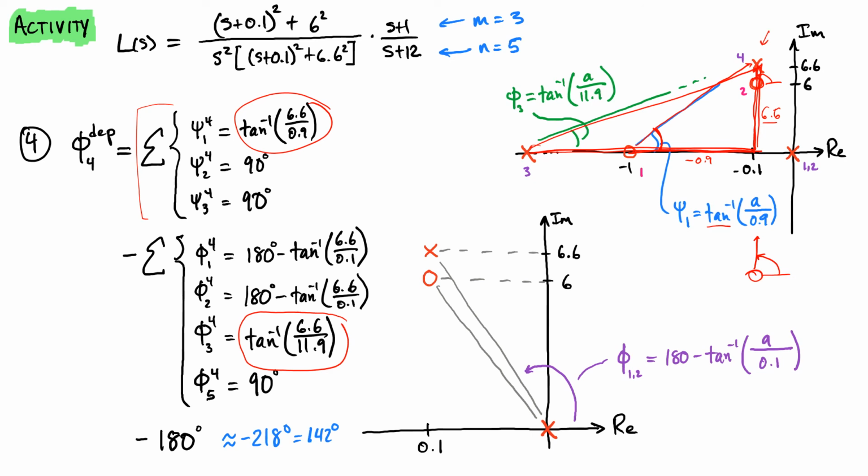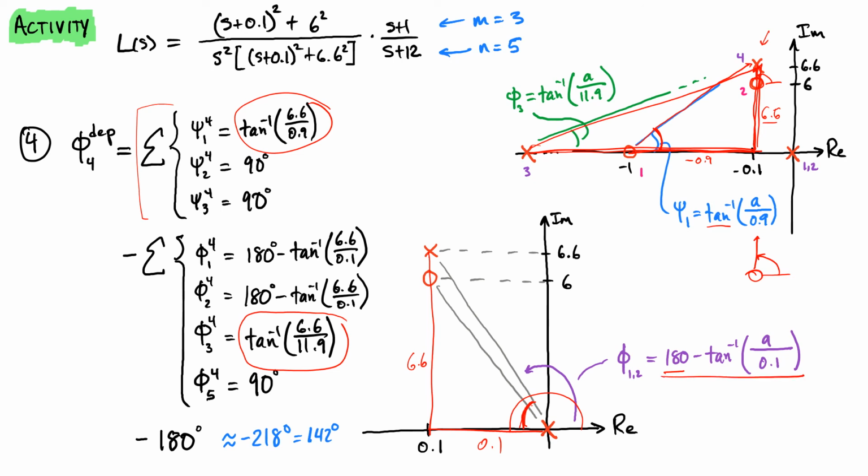We can then look at the poles at the origin. One way to think about this is we can look at this angle here and subtract it away from the whole 180. That's what I'm doing here: 180, minus the inverse tangent of this distance, with 6.6 as the opposite leg and the horizontal leg here being 0.1.